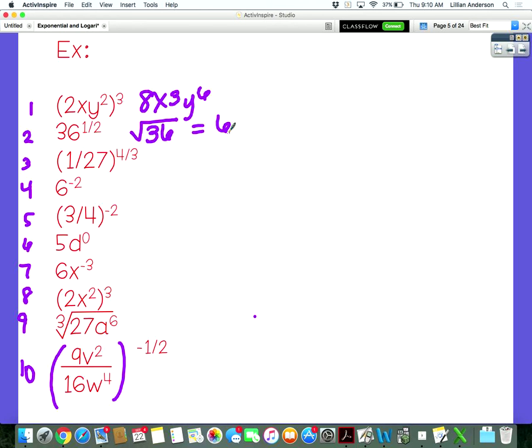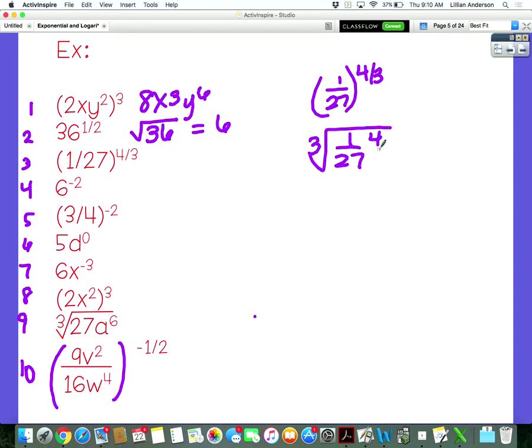Over here, you're doing the same thing. Now, 1/27 to the 4/3 can also be written as a root. What root is it? Cube root. 1/27 to the 4. Now, hopefully, you did not do 27 times itself 4 times. It gets a little ridiculous. Well, that is one way you can do it.